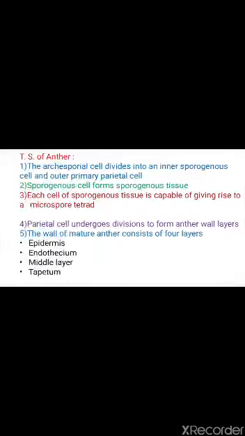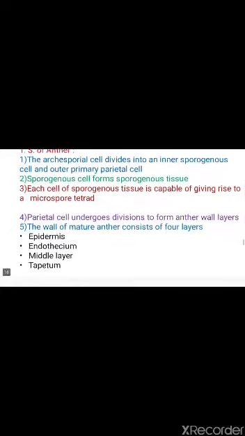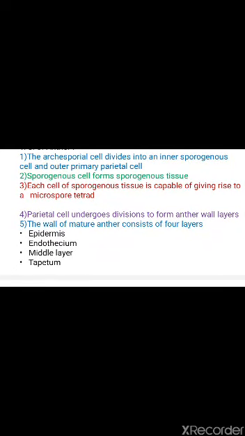We are going to study the TS of anther in detail, that means what structure the anther lobe actually shows. The archesporial cell divides into an inner sporogenous cell and an outer primary parietal cell.